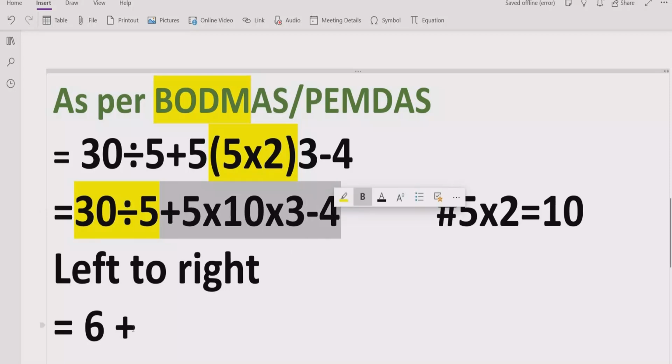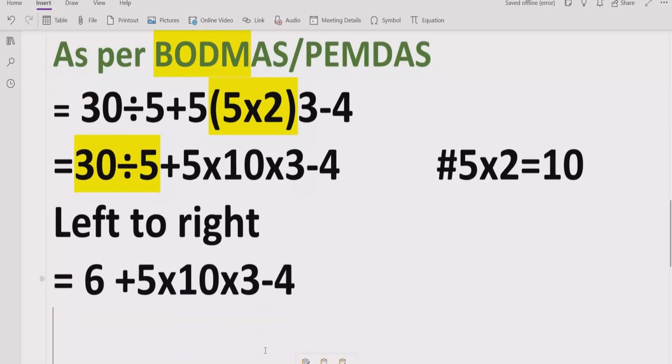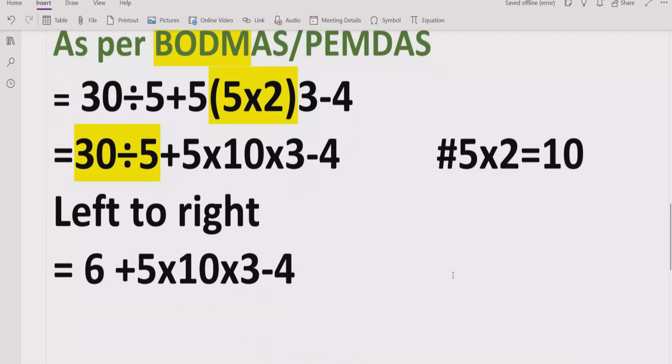This part we will write as it is. Again, here we will give the reference: 30 divided by 5 equals 6.